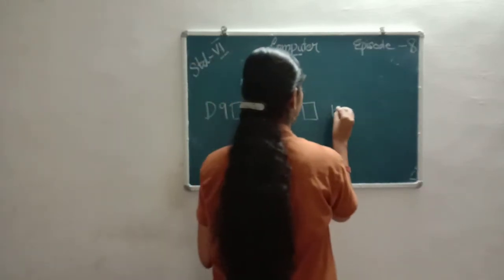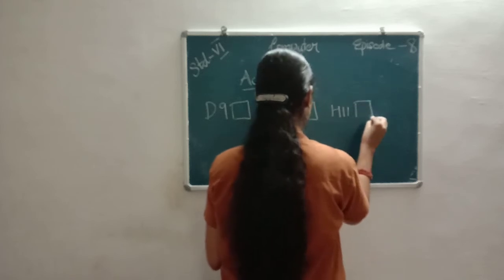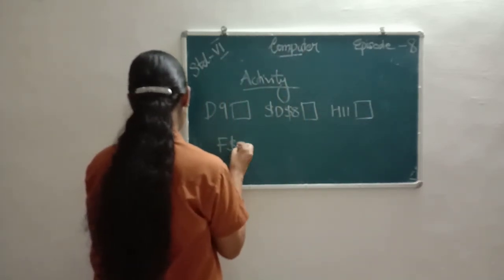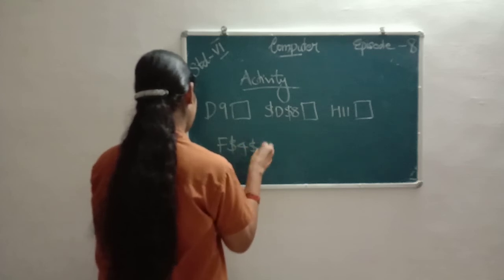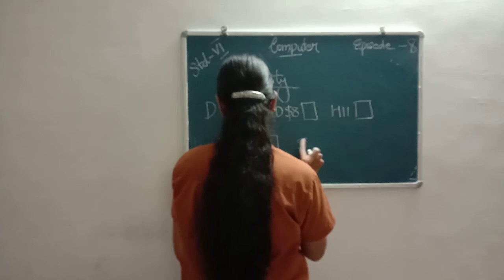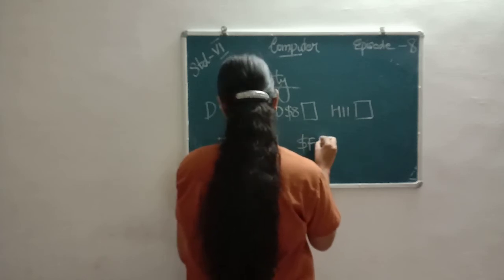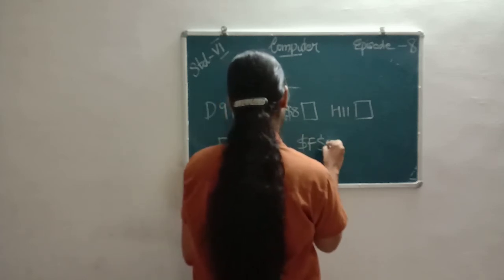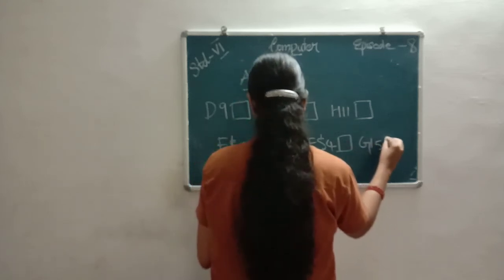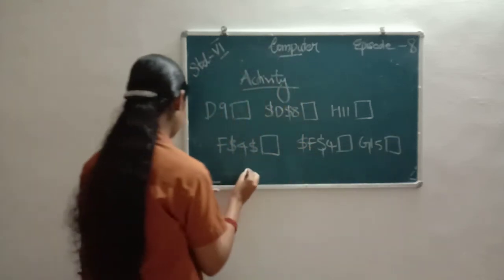Then H11. Next, F dollar, $4 symbol. Then dollar F $4. Then G15.